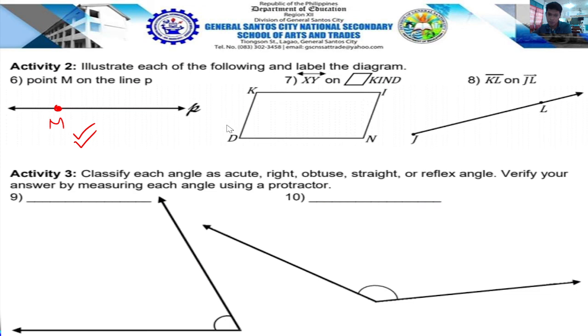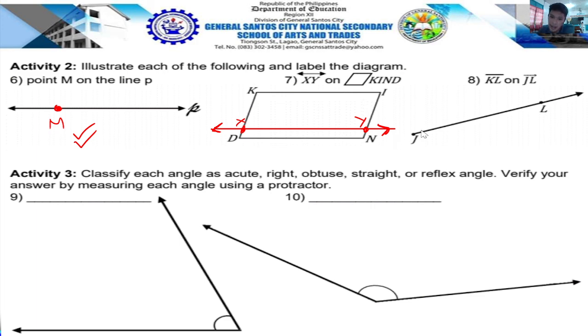So, ako dito ako lalagay. Maglagay daw tayo ng arrow. Okay, namali po ang pagka-drawing ko. Lagyan natin dyan ng X. Kabila naman po, Y. Okay. So, that is an XY.